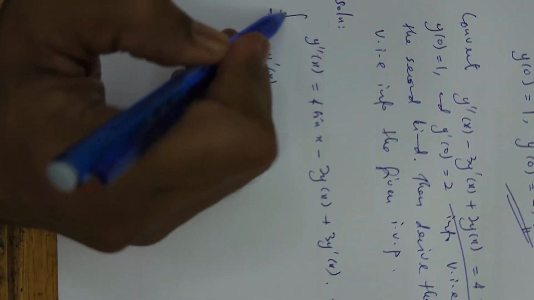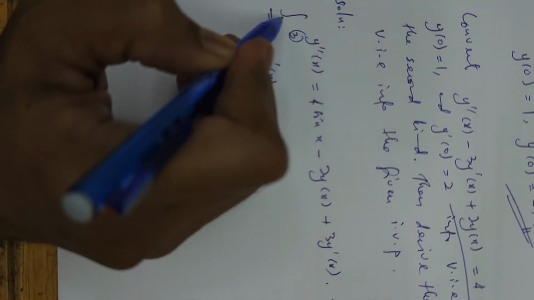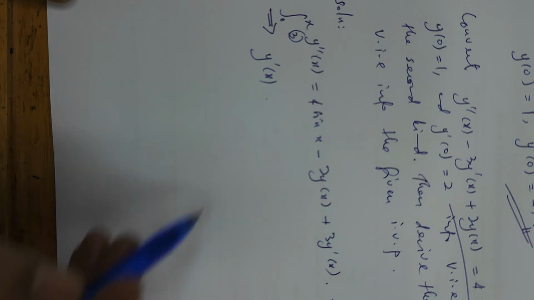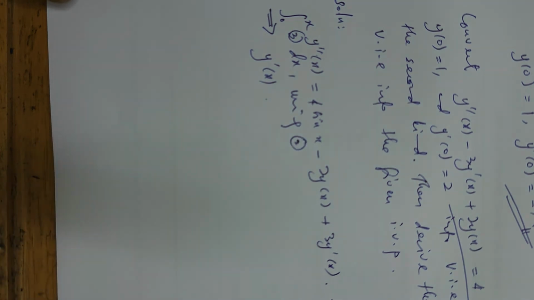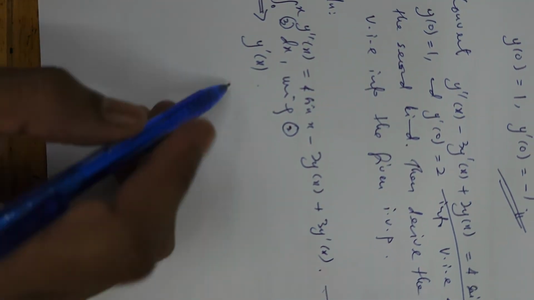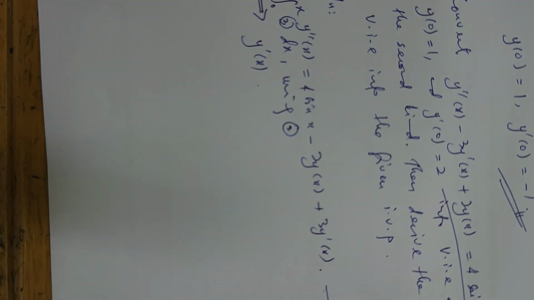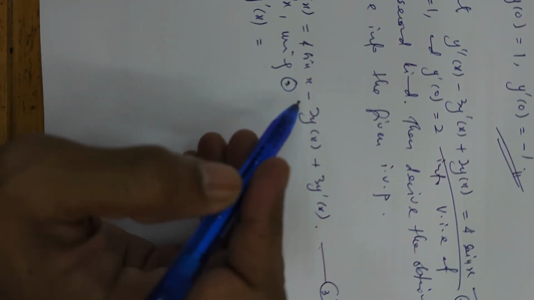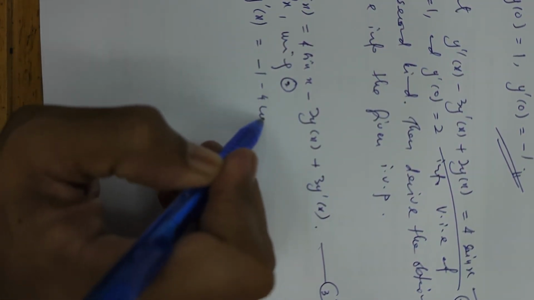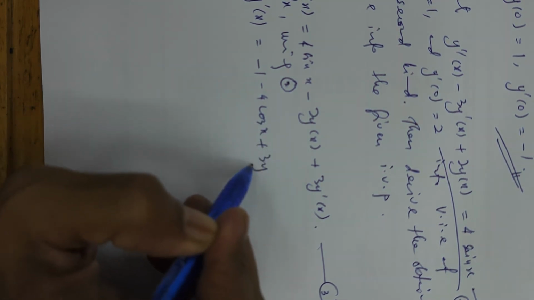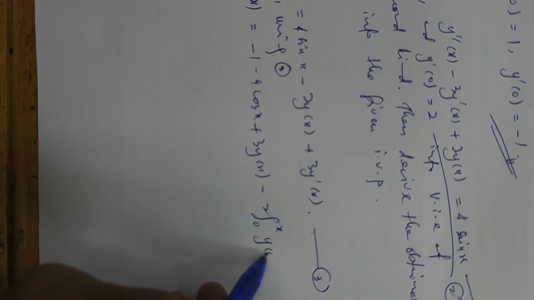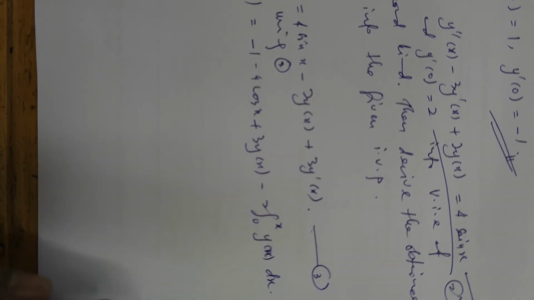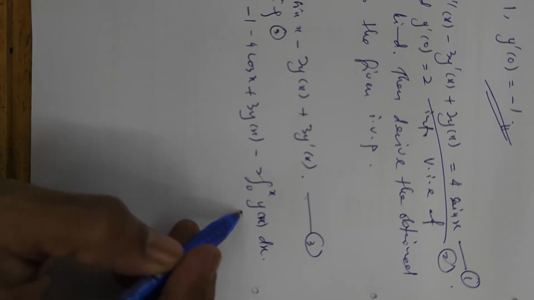Okay, just right here, integrate 3 from 0 to x dx, and using initial condition 2 gives us that y prime x equal to minus 1 minus 4 cos x plus 3y x minus 2 integral 0 to x y x dx. Alright, let's call this equation number 4.